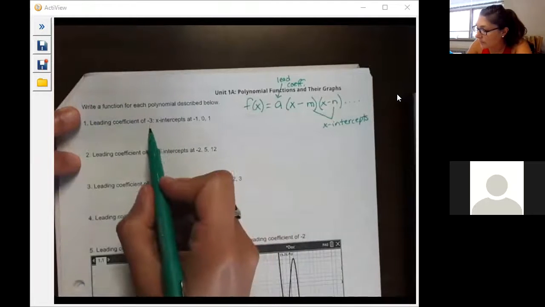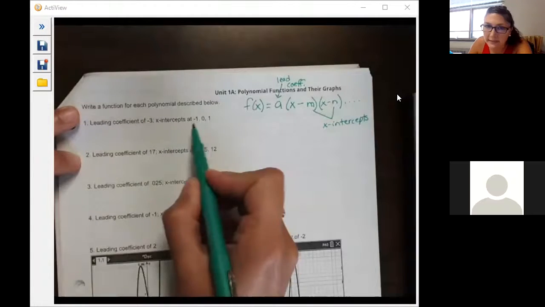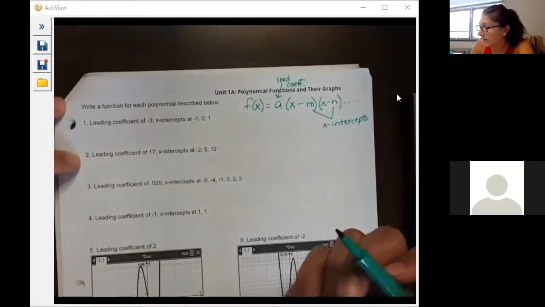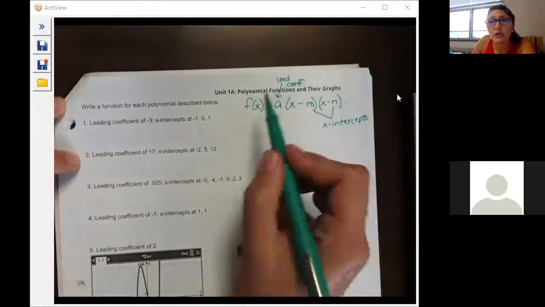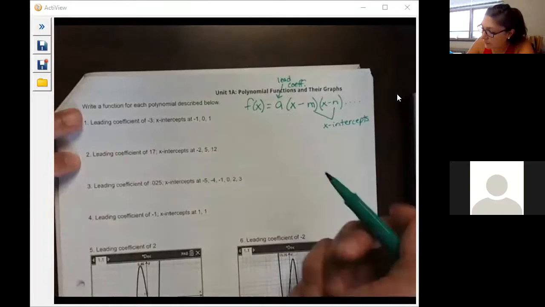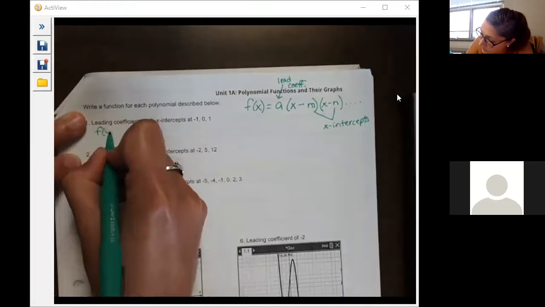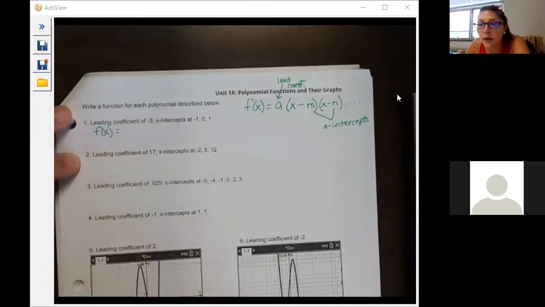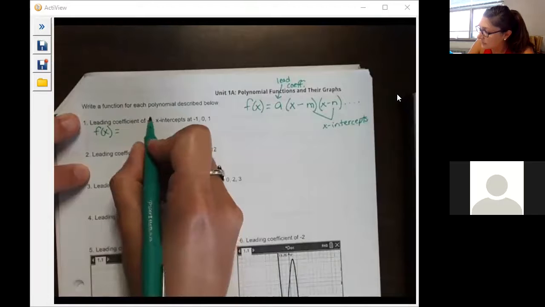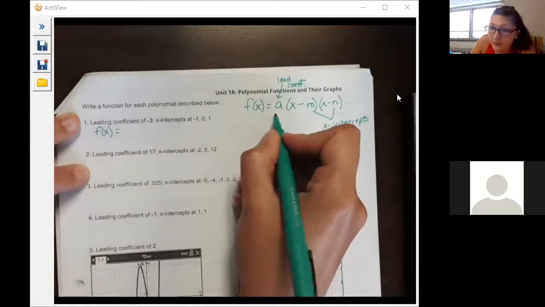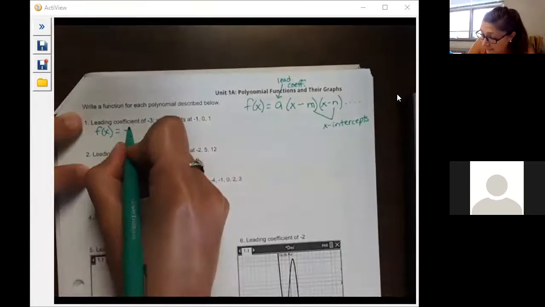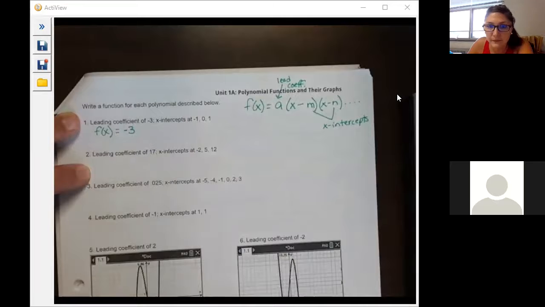So for number 1, we have our lead coefficient and our x-intercepts. I'm just going to plug that information into my generic form. So I'm going to start off with f of x equals, again, if you want y equals, that's fine too, it means the same thing. My lead coefficient is -3, so I'm going to put that in front, sort of like the line leader for my function.